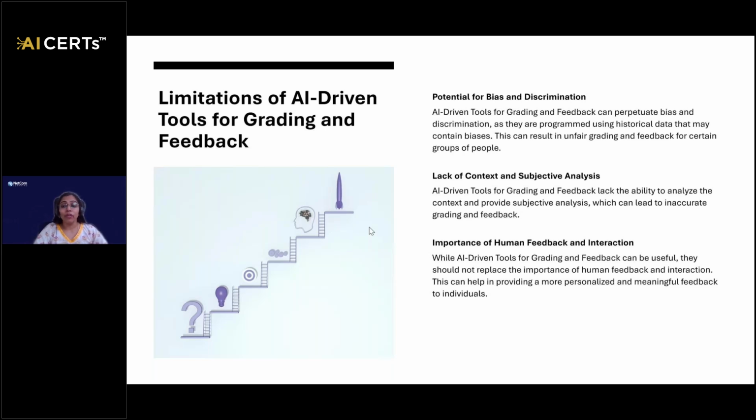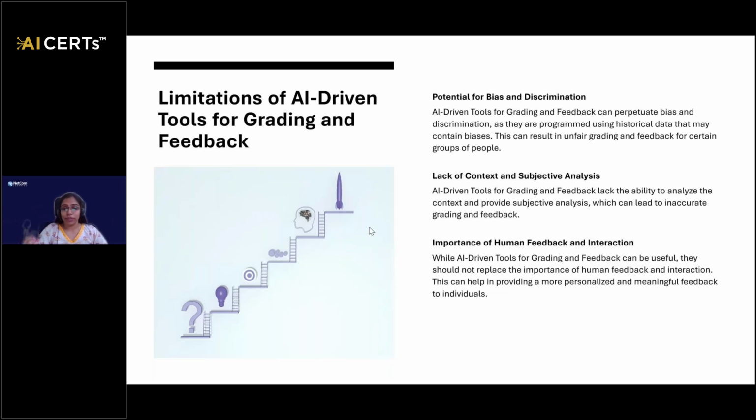AI cannot replace the importance of educators, human feedback, interactions. That human touch is really important. I'm not saying that AI is not useful. No, it is really useful. It helps you, it saves your time, it is accurate.